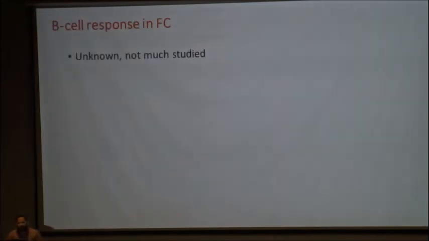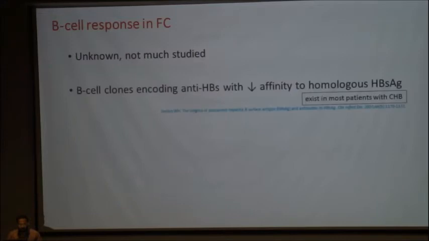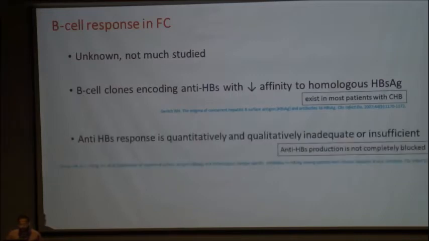Coming to the B cell response in functional cure, this is not much studied, and there is not much data. Only a little recent literature is coming up, which I'll discuss in further slides. B cell clones encoding anti-HBs with low affinity to many of the epitopes of the homologous HBsAg exist in most patients with chronic hepatitis B, but are difficult to detect because they exist in complexes.